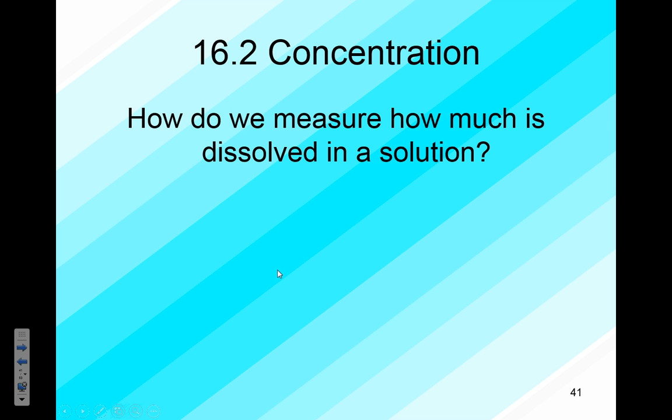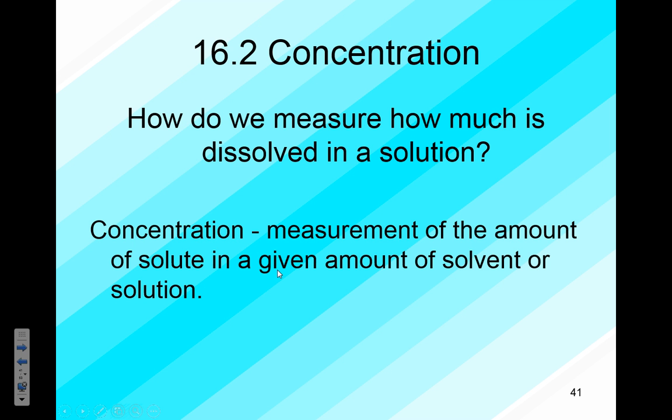So how much is dissolved in a given amount of water can be very, very important in everyday life. The different ways we have of measuring that are known as concentrations. So how do we measure how much is dissolved? We use a concentration. It's a measurement of the amount of solute in a given amount of solvent or solution. Now, with what we're going to cover in the textbook, we're always going to look at the amount of solute in a given amount of solution.